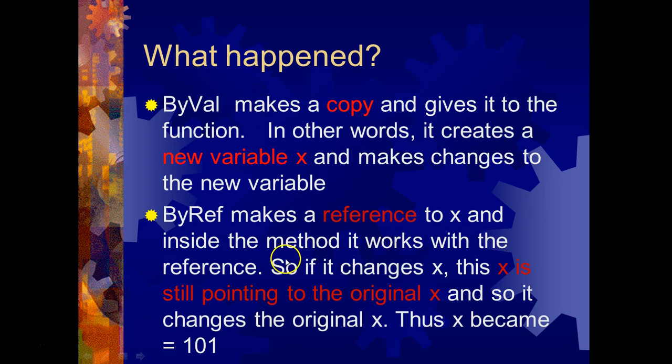And so inside the method, it works with this reference, or this thing that's pointing to x. So if it changes x, it's actually changing the original x because it's pointing to x. It's not a new copy that it can play with by itself. It's pointing to the original x, and so it makes changes to the original x, and thus x became 101.